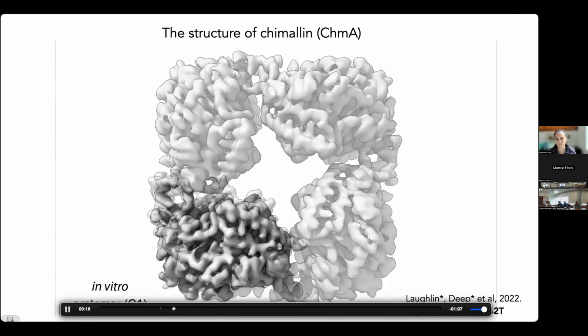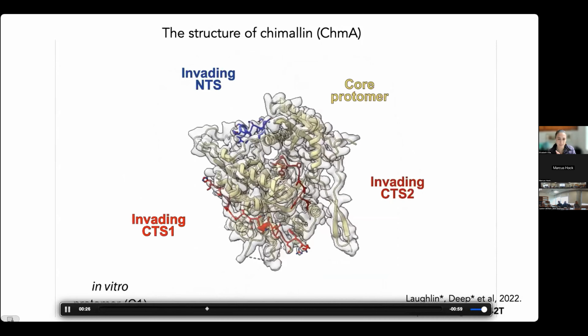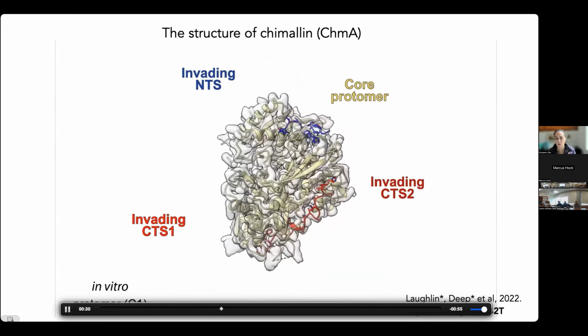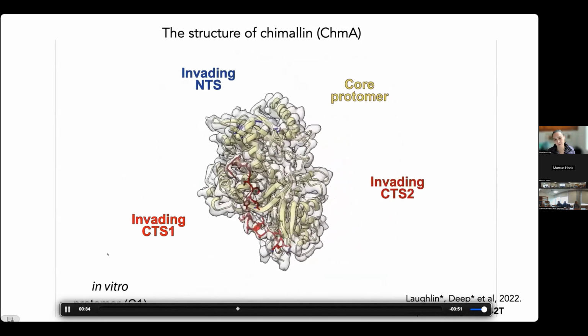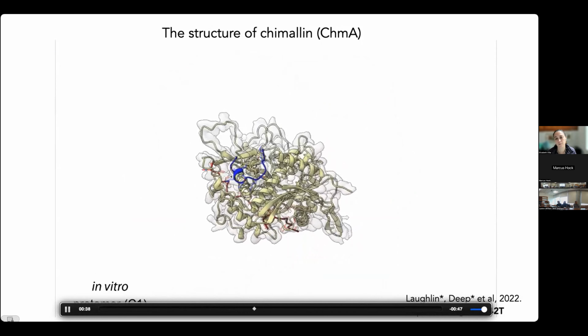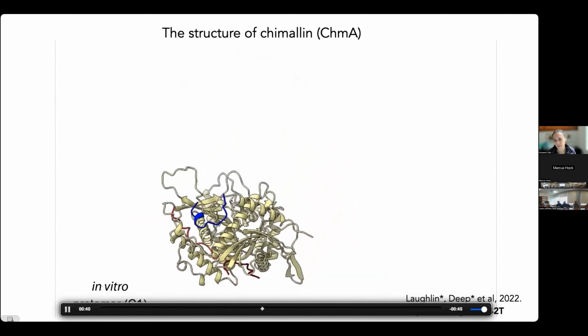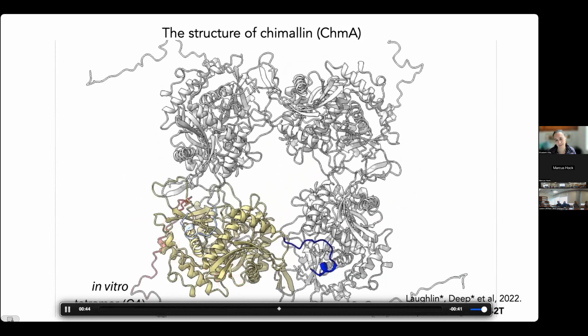And then he also did this on a monomer, for 2 different species. And what he saw is that there's a core protomer that, crazy enough, had homology to a tRNA acetylase, which has nothing to do with the function of this, but without a catalytic site. And then 2 invading protomers that we call the N-terminus and C-terminus.